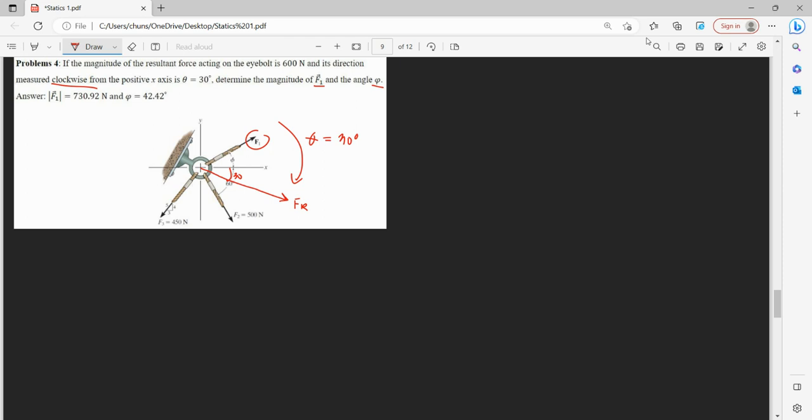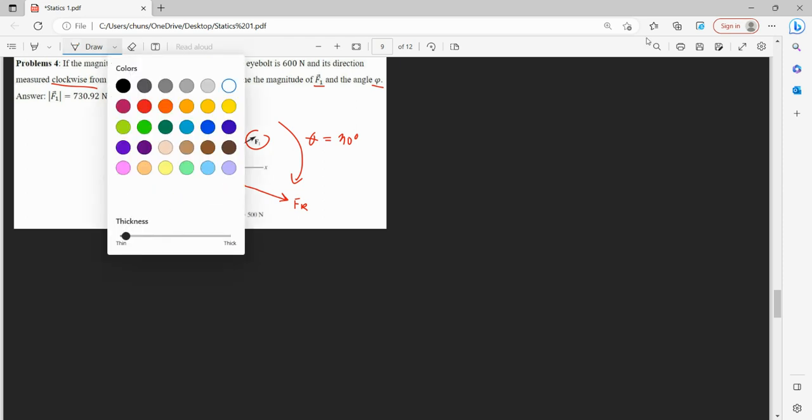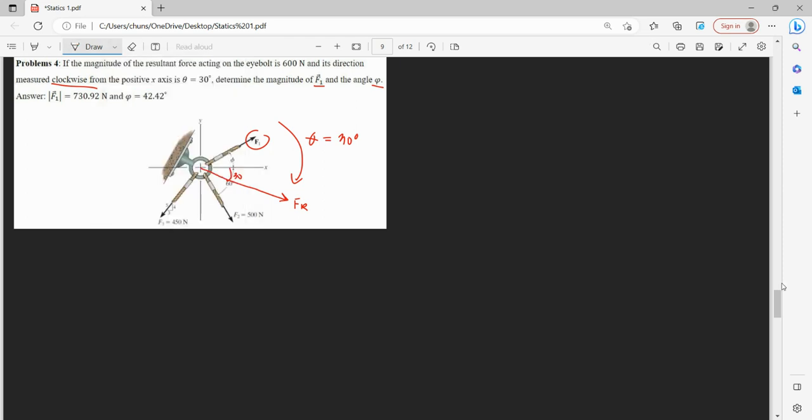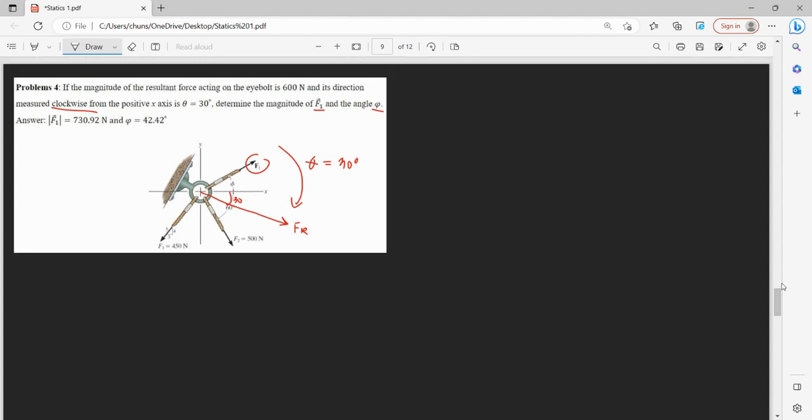Actually, hold on. We're going to do one more thing first before we move on. So the first thing I would do is take our resultant into x and y components. That way we can find what our sum of Fx is and what our sum of Fy is.